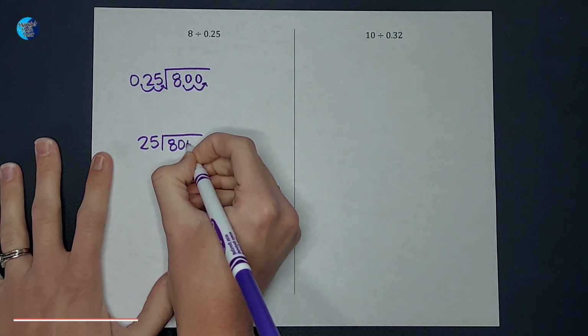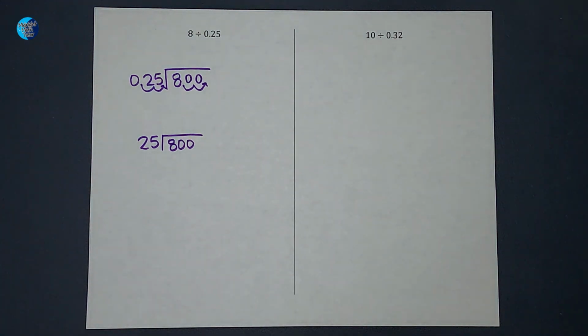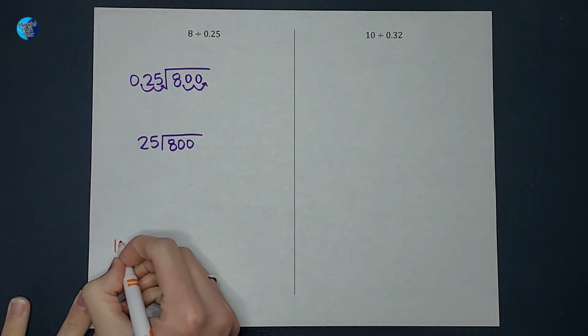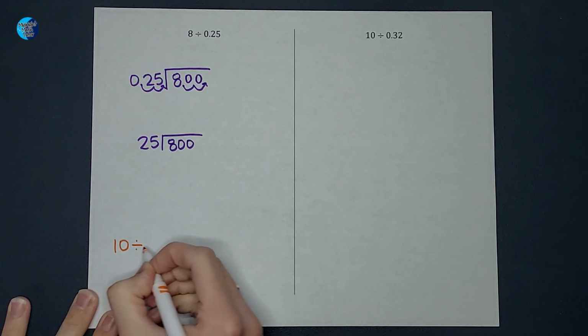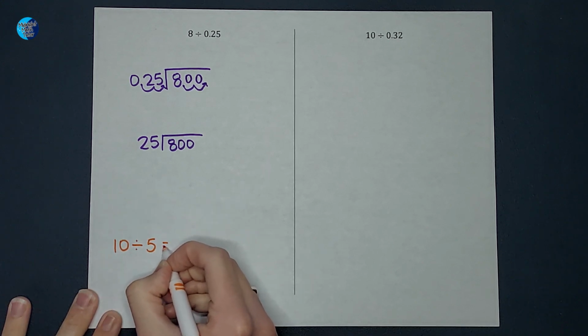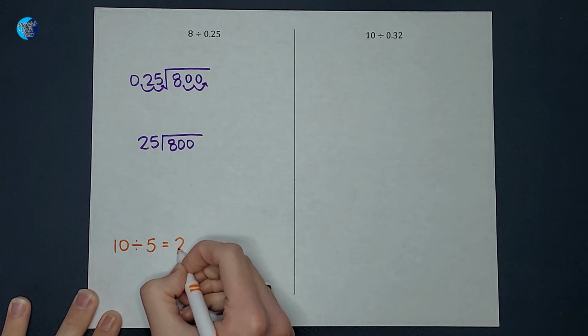Now, if you're like, that can't be right, we can't just go moving decimals wherever we want. Well, I'm glad you're asking that. But let me show you why this is okay. So I want you to think, what is 10 divided by 5? If I were to divide that, I would get 2.